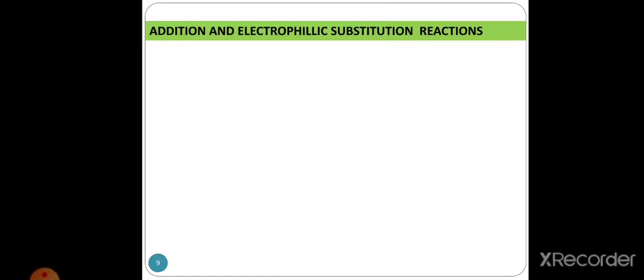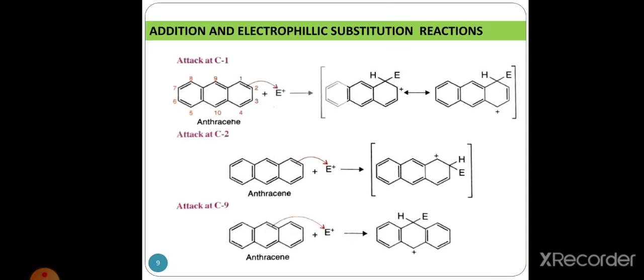In these reactions, preferentially, the attack occurs at the C9 and C10 positions. Here we are showing attack at C1, attack at C2 as well as attack at C9 with respect to electrophilic substitution reactions.